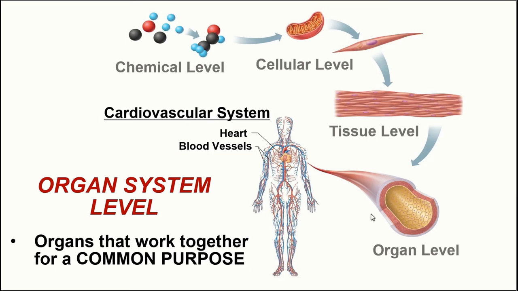So for example, continuing with our blood vessel example, the cardiovascular system consists of the heart and the blood vessels, and its job is to move blood, and blood carries oxygen and nutrients to all of our body's organs and tissues. And so the heart and the blood vessels work together as the cardiovascular system to accomplish that goal of moving blood and fluid through the body.